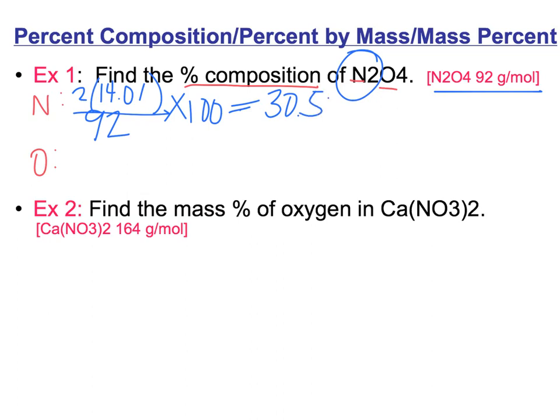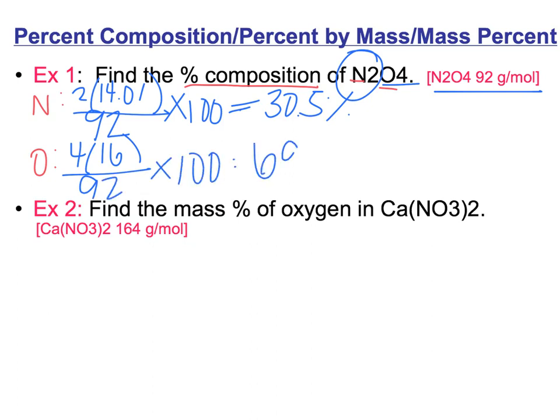and you get 30.5%. Do the same thing for O. So we have 4 oxygens times 16 divided by 92 times 100, 69.6%. They should almost equal 100.